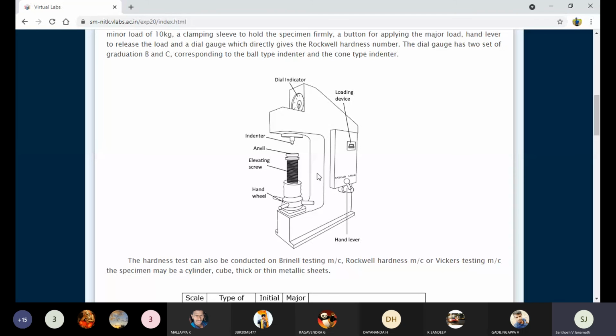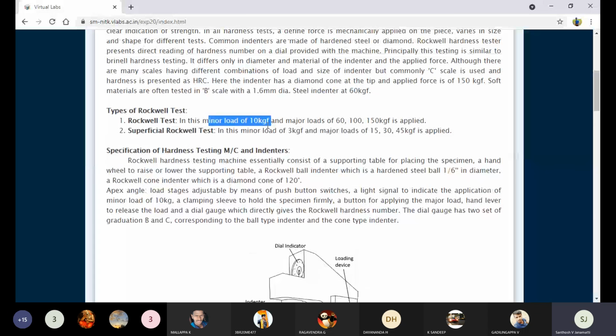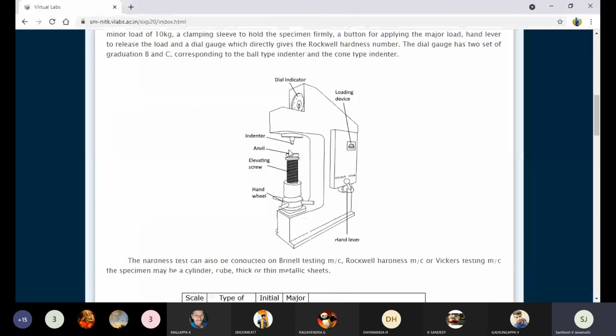Now, what do you mean by the minor load? How can you get this minor load? Sir, minor load is around 10 kg to 15 kg, which we apply manually. Because we need to establish close contact between the tip of the ball indenter and the surface of the workpiece.